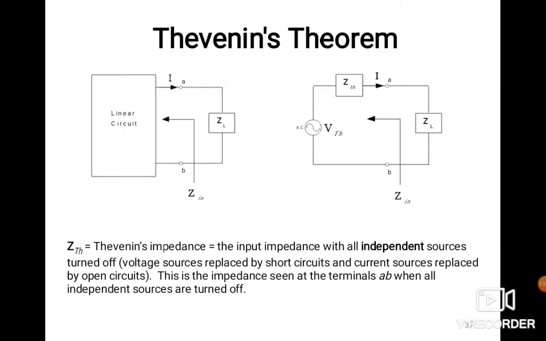Voltage source is replaced by the short circuit and the current source replaced by the open circuit. This is the impedance seen by the terminal AB when all the independent sources are turned off.